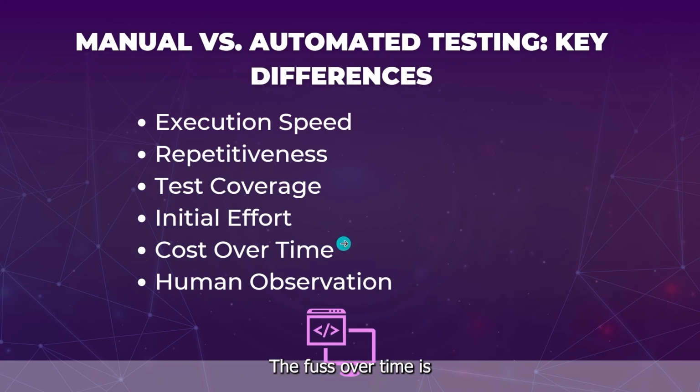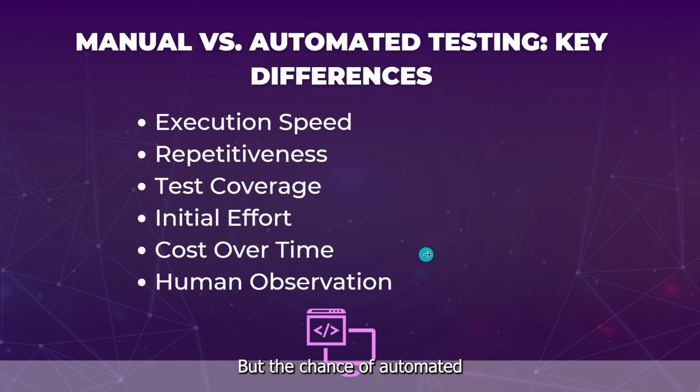The cost over time is, of course, more efficient with automated testing, since you won't spend on hiring a manual tester, or the manual tester won't spend that much time if he develops automated testing using scripts and testing tools.